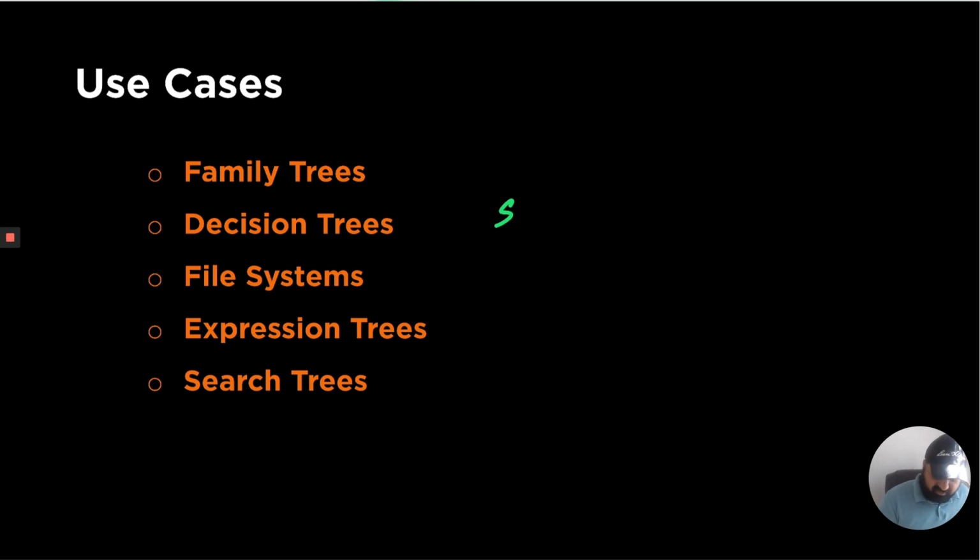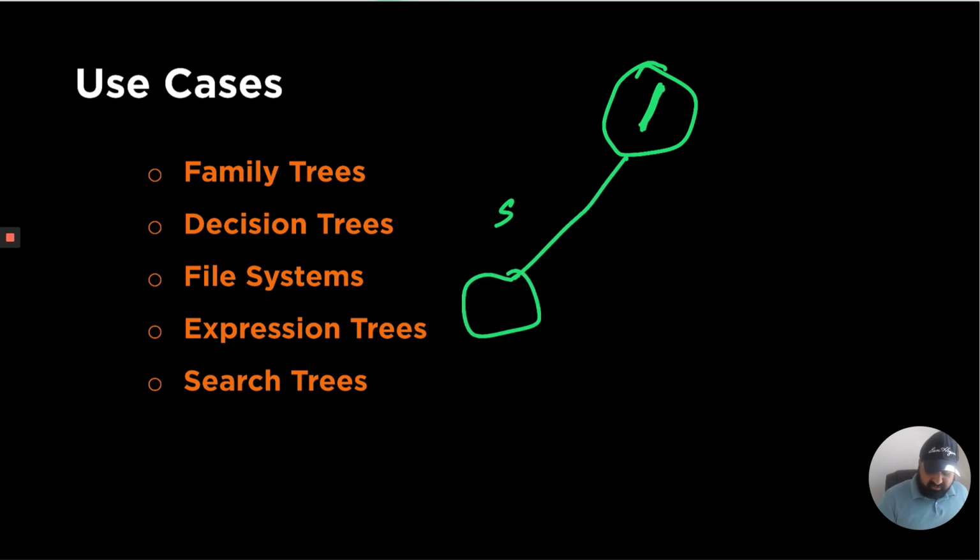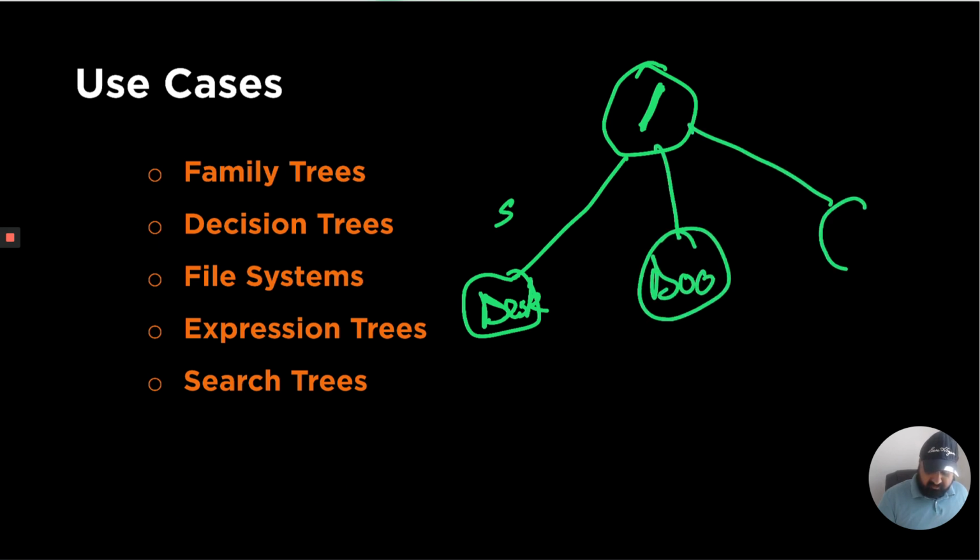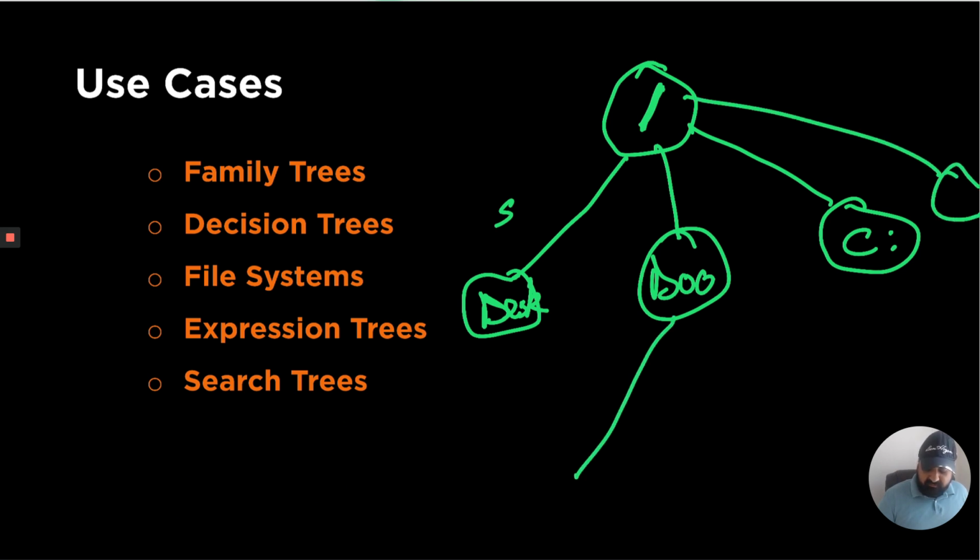File systems have a root node, which is the central node, or the parent of all the other nodes. Let's say this root node contains different subfolders, such as Desktop, Documents, my C drive, and so on. And within each of these folders, there might be further folders or files.